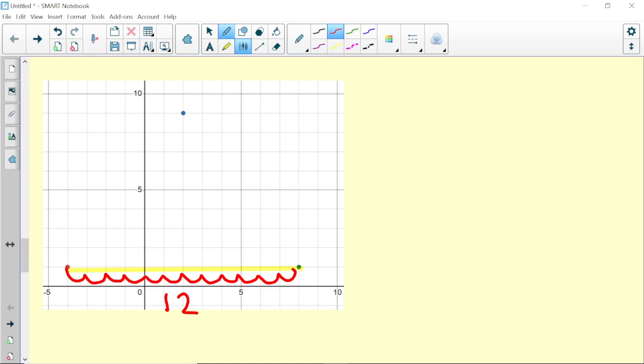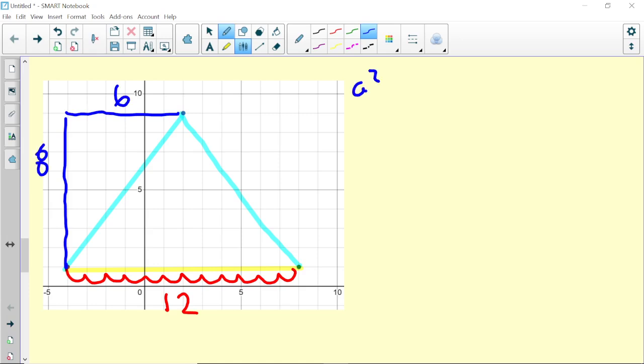Looks like the other two sides are diagonals that we need to do Pythagorean theorem for. So, 1, 2, 3, 4, 5, 6, 7, 8. Into the right, 1, 2, 3, 4, 5, 6.